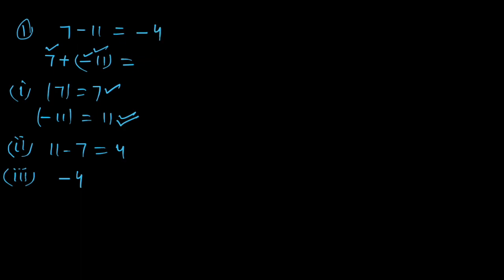Okay, so the second example of how you subtract integers is, let's say, negative 6 minus 9. Again, we can write it as negative 6 plus negative 9, just like we are adding two integers, but both of the integers have the same sign.